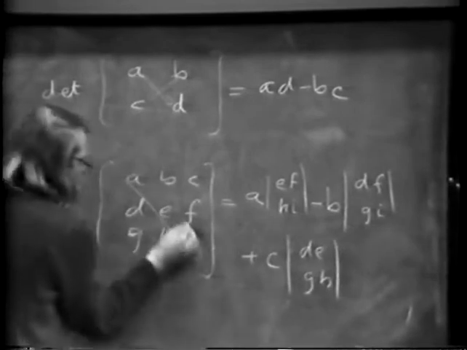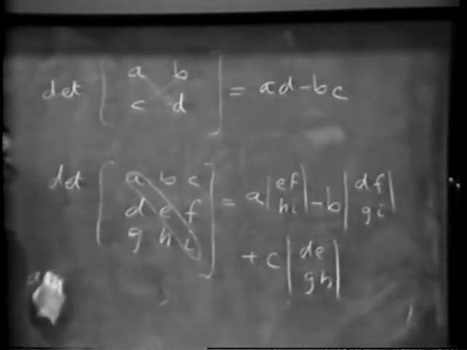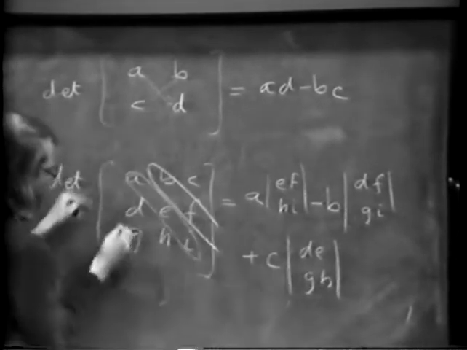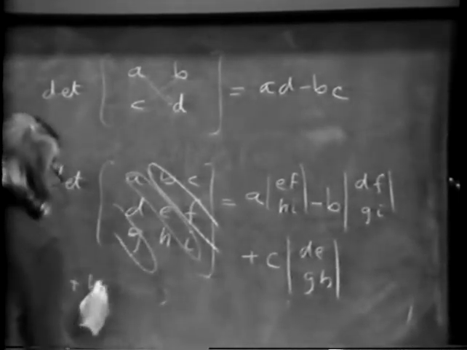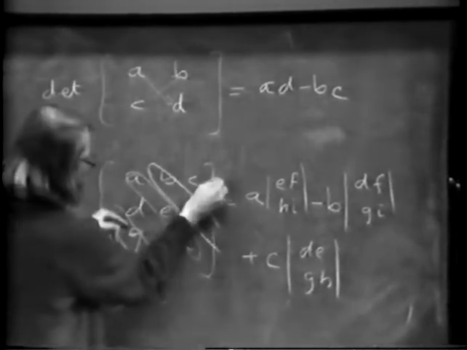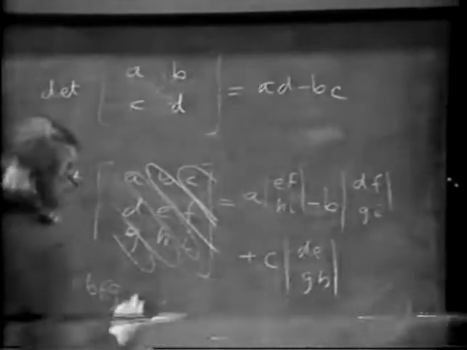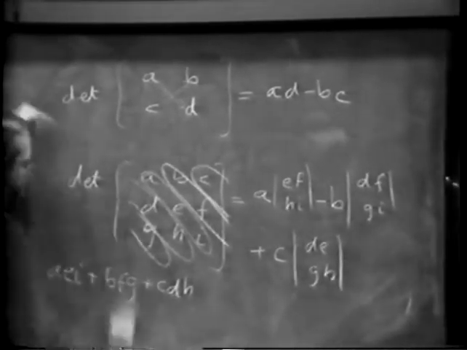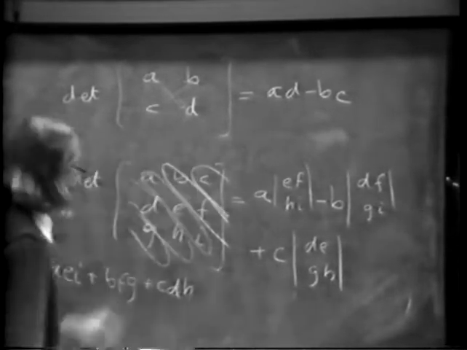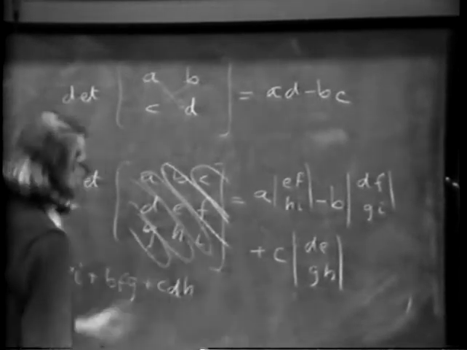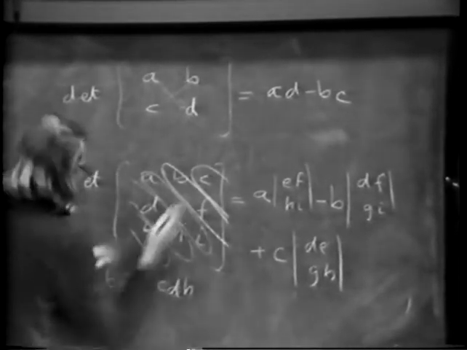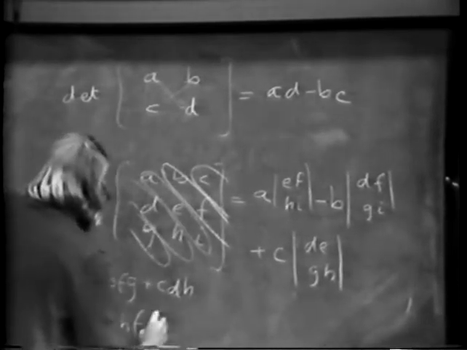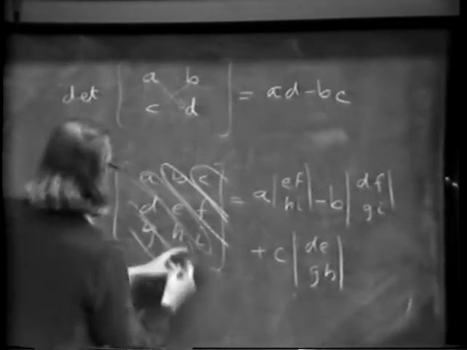It's the product of this thing, AEI, plus the product of BF, and you kind of wrap around here and pick up G, plus the product of C, and you wrap around there and you pick up D and H. So it's plus the product of all the things going down in that direction, minus the product of all the analogous things going up in this direction, minus GEC, minus HFA, minus IBD.